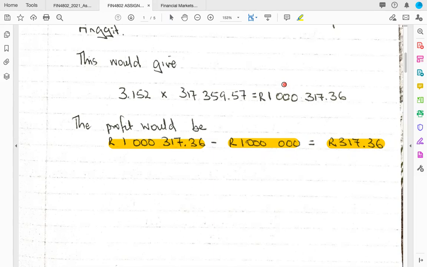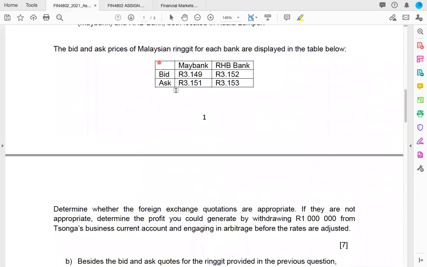Okay. So these benefits associated with locational arbitrage quickly disappear because investors in the market will pick up these differences. And then as they pick them up, they will start buying more and more from Maybank, which will push the ask price up. And they'll start selling more and more to RHB Bank, which will push the bid price for RHB Bank down.